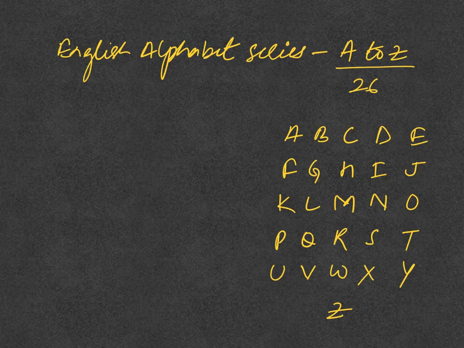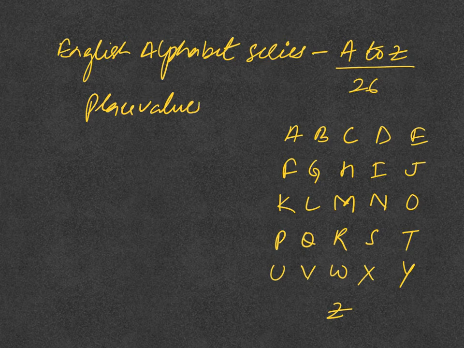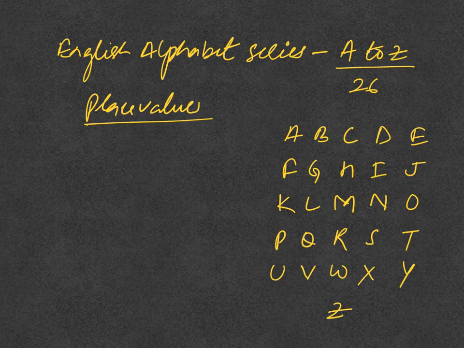This is because if you learn the place values of these alphabets, it will help you to solve logical reasoning questions with ease. So this is the purpose of this video, and before discussing all the examples, we will learn the place value of each and every alphabet, right?